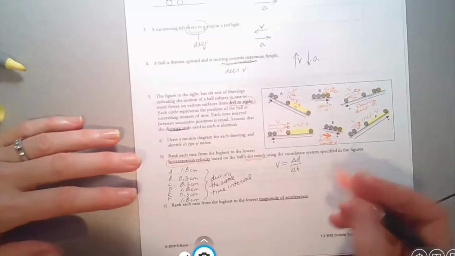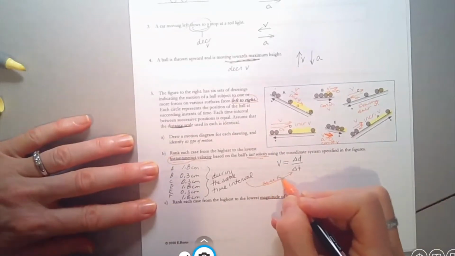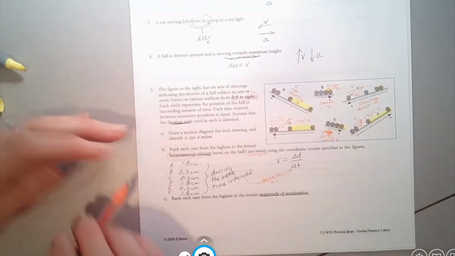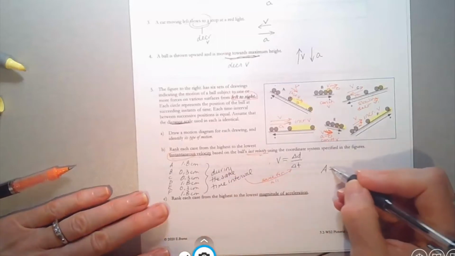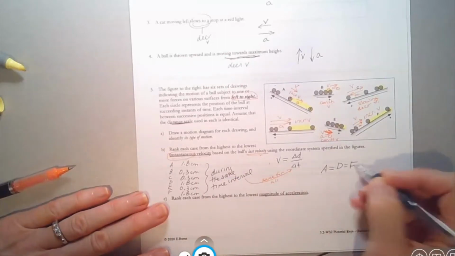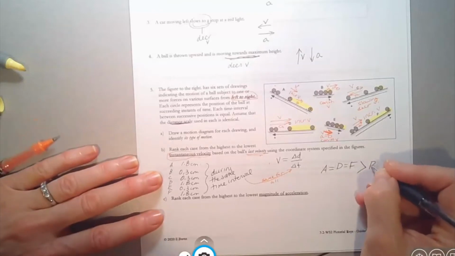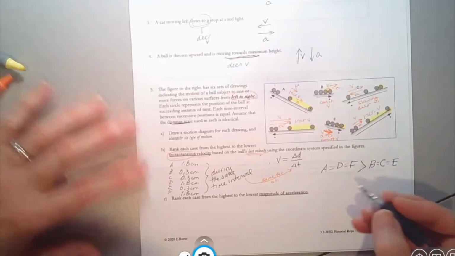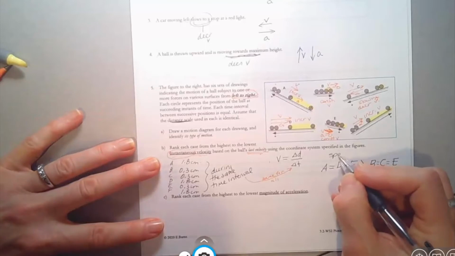So if the time interval is the same for all, then what's going to tell you about the velocity is the displacement. So you can see that the displacement of A, D, and F are equal, and that they're greater than B, which is equal to C, which is equal to E. Now, this would be the speed. Okay, I just ranked the speed.